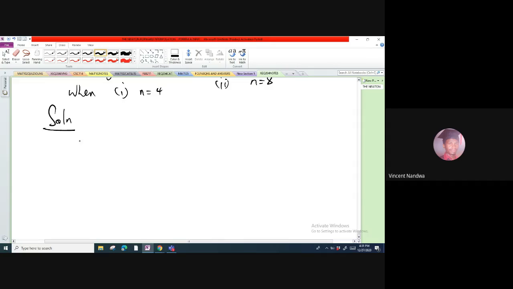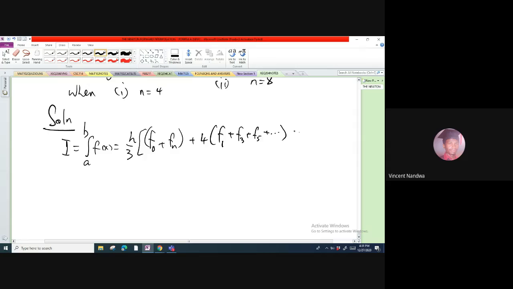we write that Simpson's rule says that the integral from a to b of f of x is given by h over 3 into f0 plus fn, plus 4 into f1 plus f3 plus f5, plus 2 into f2 plus f4 plus f6.